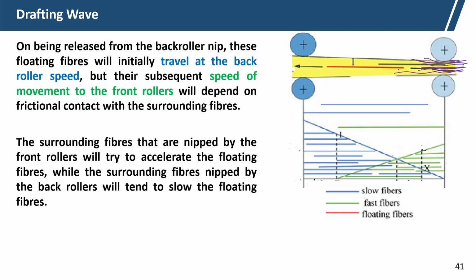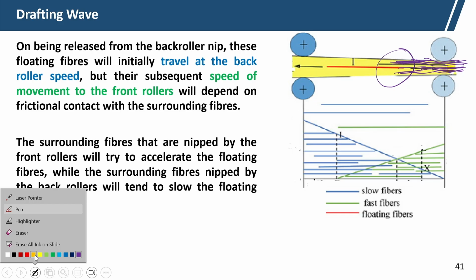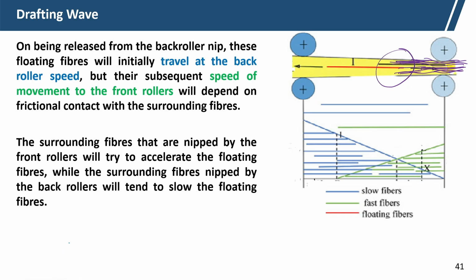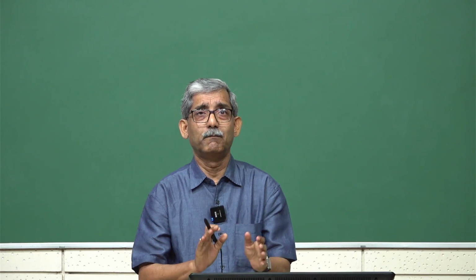This fiber will try to pull the floating fiber, the red fiber, at the speed of the front roller, but at the same time these blue fibers will try to pull that red floating fiber and move it at the back roller speed.